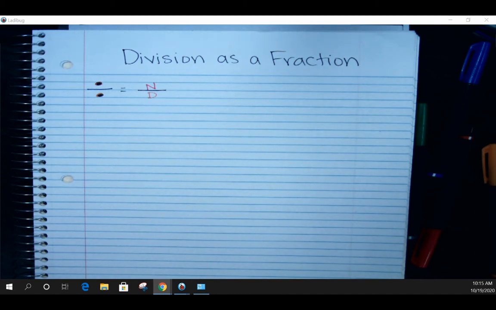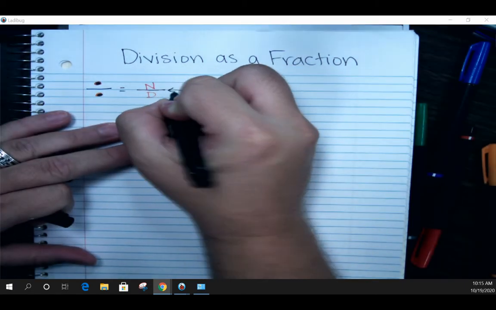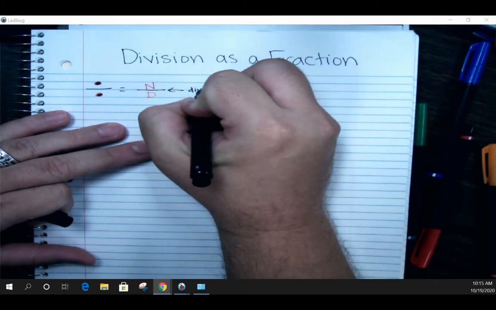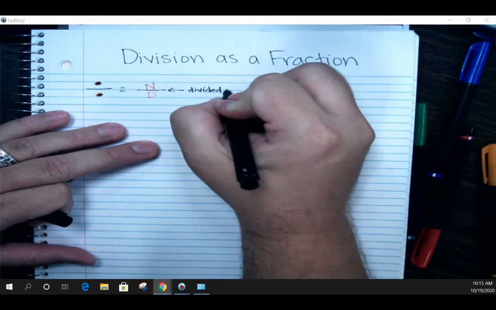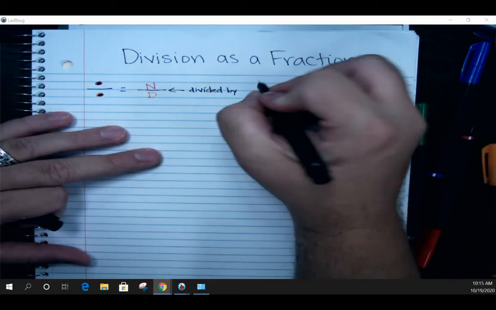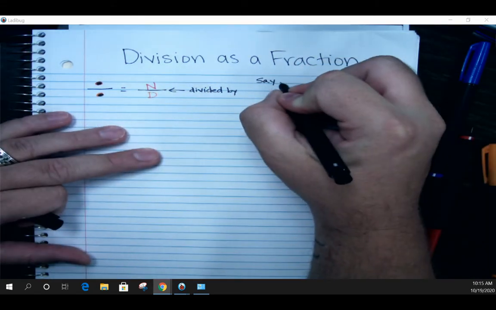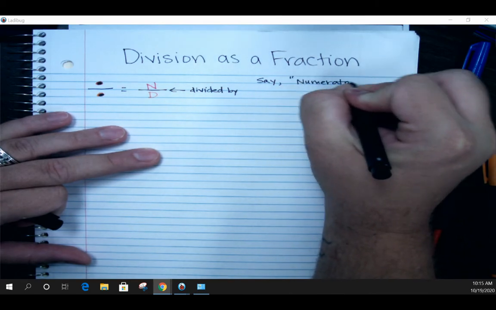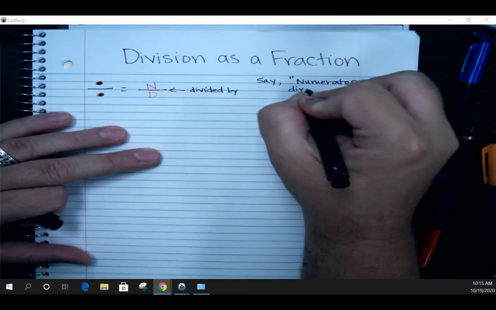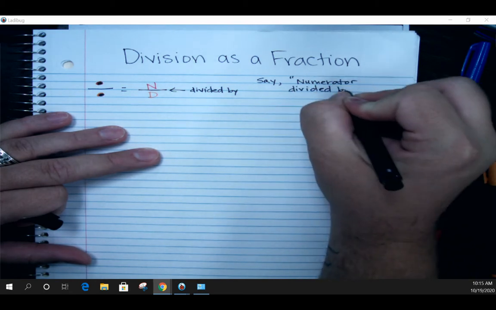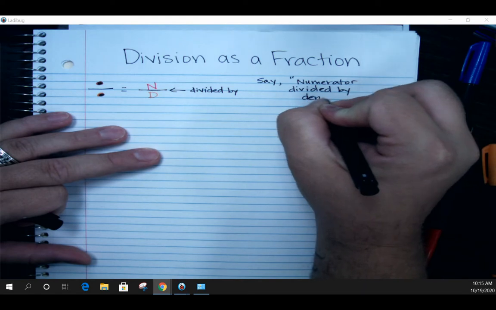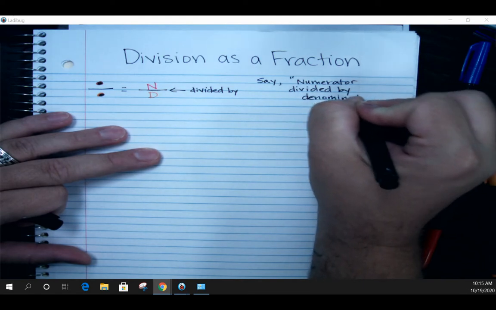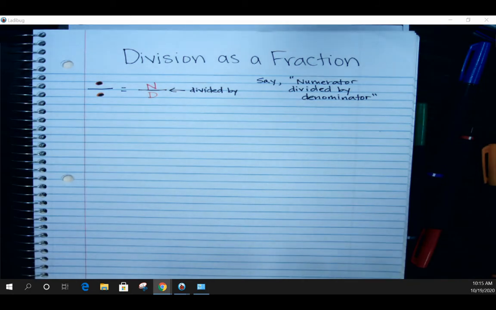So literally, when we read a fraction, we can read it as divided by. We can say numerator divided by denominator.